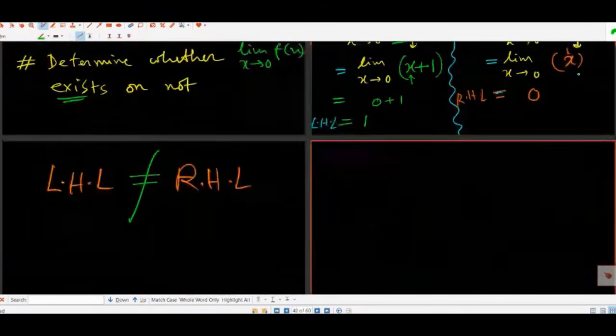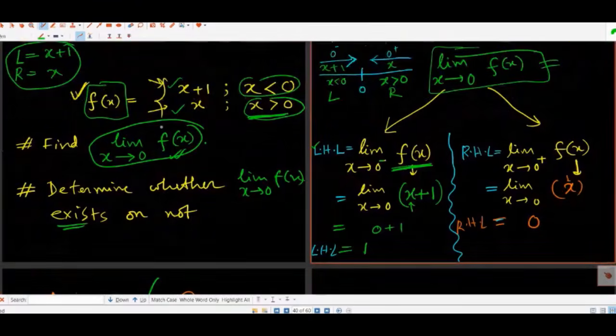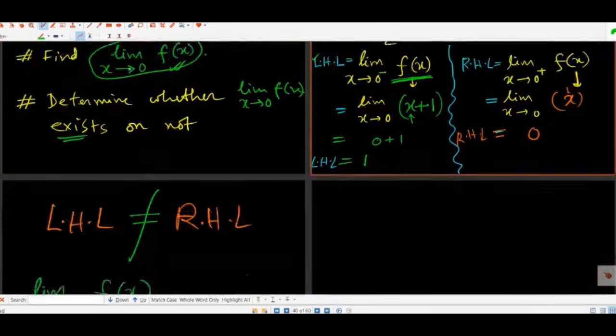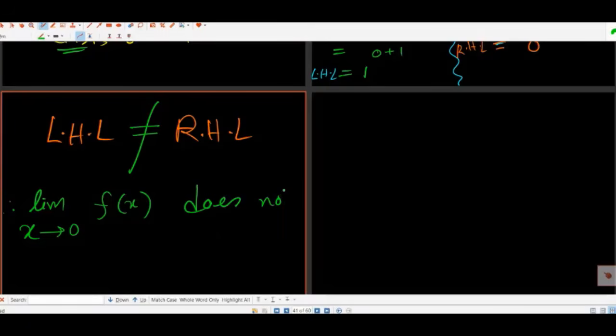So we can say the main limit as x tends to 0 for the main piecewise function is not existing. Let's say the limit of f of x when x approaches 0 doesn't exist.